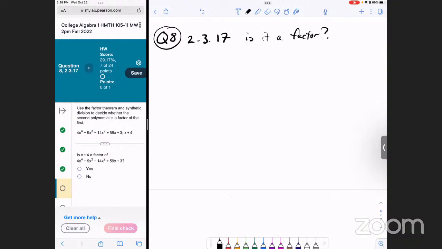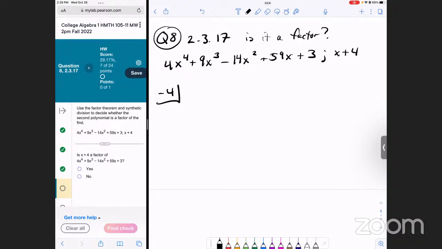Question mark. We have 4x to the 4 plus 9x cubed minus 14x squared plus 59x plus 3 when it's divided by x plus 4, right? So that means negative 4 will go in our chair.